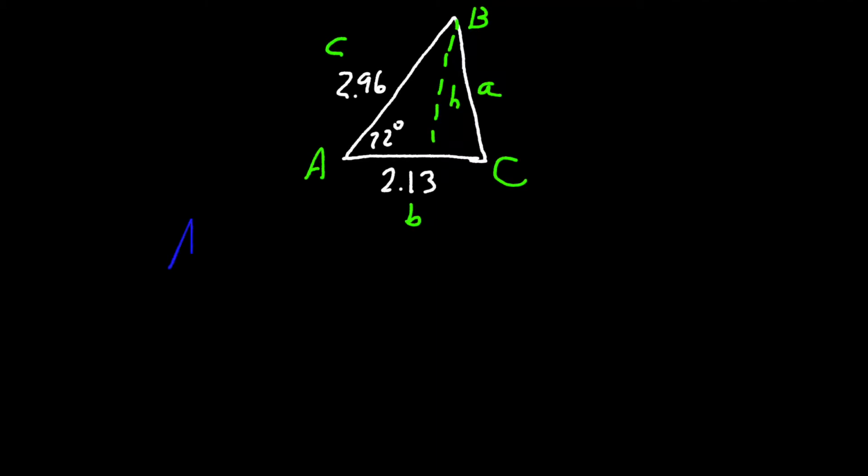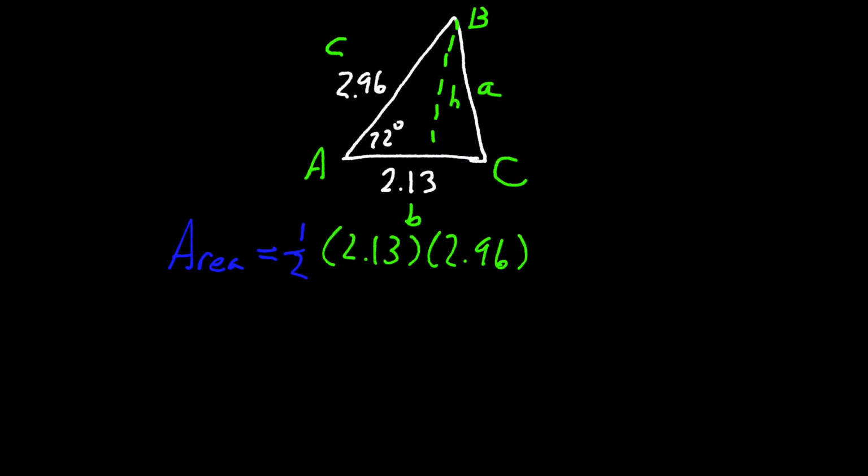So I have the area, not angle A, but area. Let's actually write the word area so we're not confused. Area is going to be 1/2 our base, which is 2.13, times the other side, 2.96, and then times the sine of our angle, which was angle A, and it was 72 degrees.